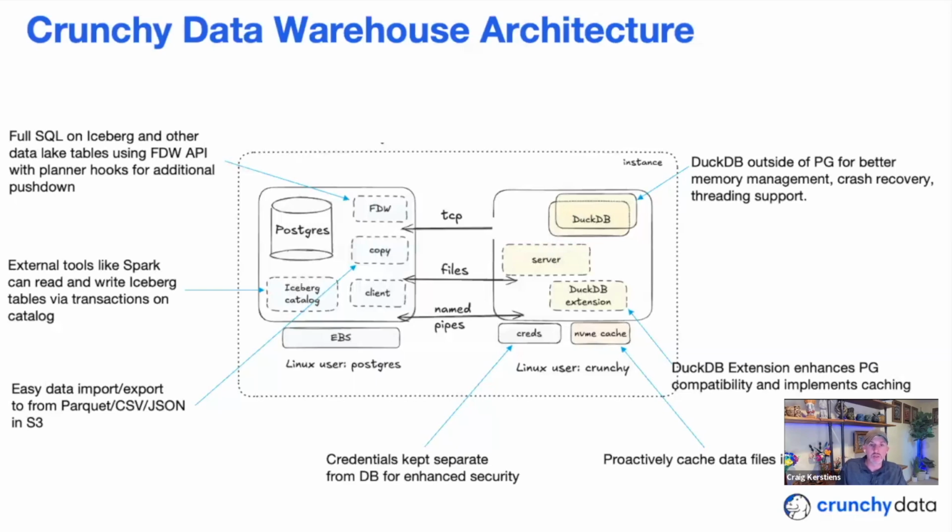We've got this easy ability to write to and from Iceberg, the ability of a DuckDB inside this multi-threaded process, so for better memory management and support, the ability to easily connect directly to S3, right? You don't have to load the data, but you can. Iceberg has a catalog there that other things can point to, right?